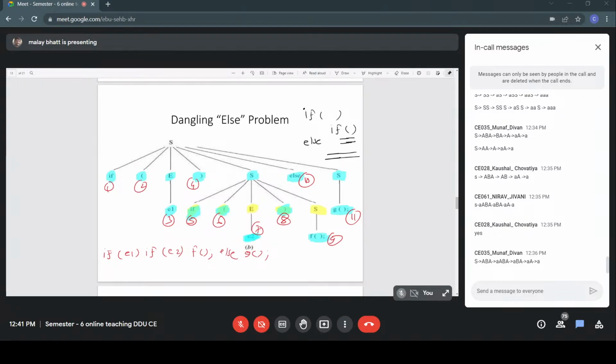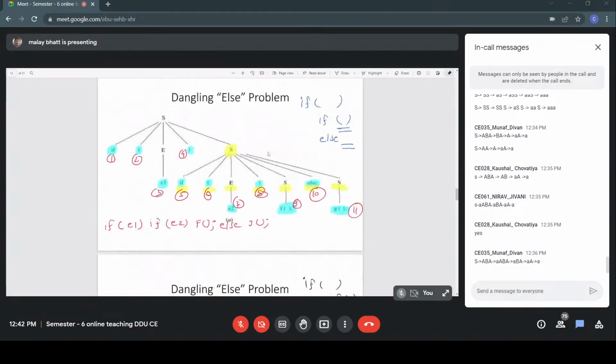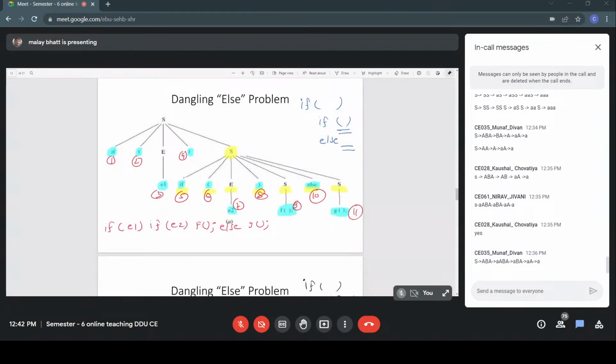You can see the difference at the top right corner. If-else is the outermost construct, and inside the if statement we have another if statement. So here else is associated with the outer if, right? Here the else part is associated with the outer if, while in the previous case the else part is associated with the inner if.